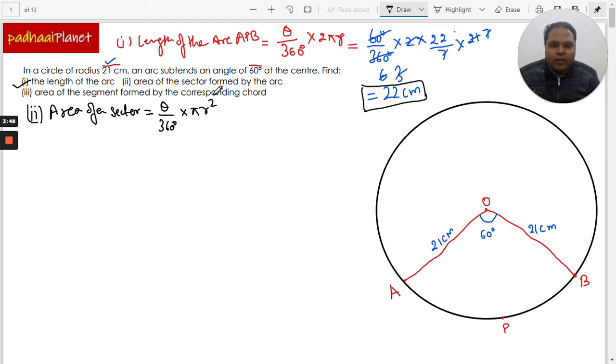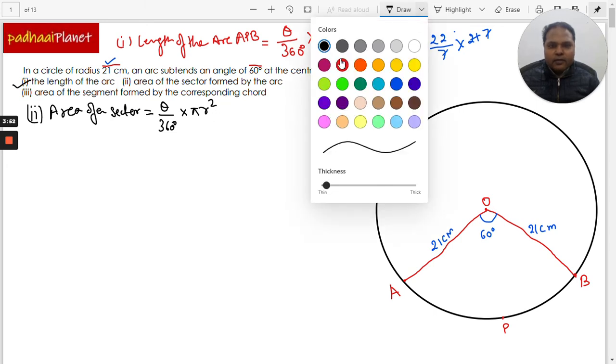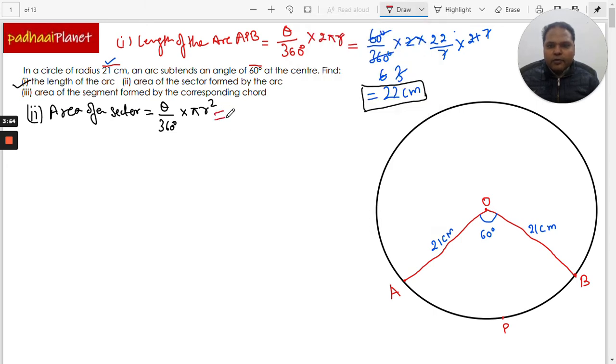And now let's again put these values and we will find the answer. So once we put the values, it's 60 over 360 multiplied by pi r square. So pi is 22 by 7, r square meaning 21 multiplied by 21, right?